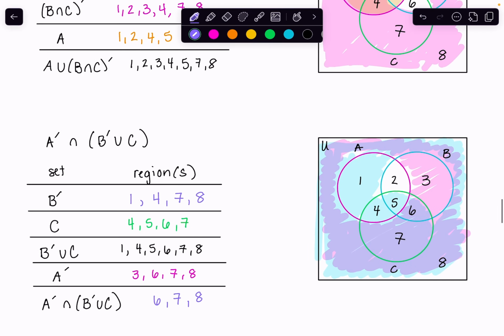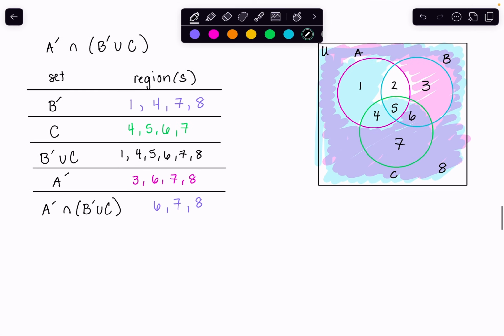So if I go ahead and compare these two, they are very different sets that I end up talking about. They're different regions. So there's no way that these can be equal to each other. Okay. So here, since we don't end up with the same regions, these are not equal.